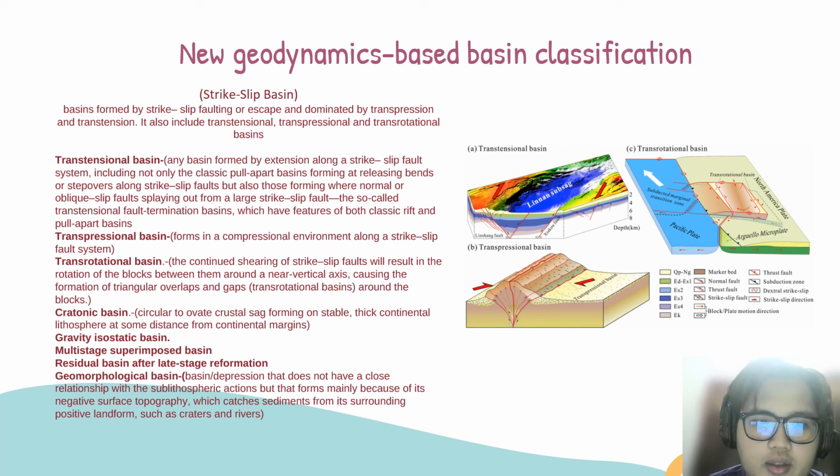This is a circular to ovate basin forming on a stable continental lithosphere at some distance from a continental margin. The next basin is the gravity exosestic basin, multi-stage superimposed basin, residual basin after the late stage formation, and the last one is the geomorphological basin.